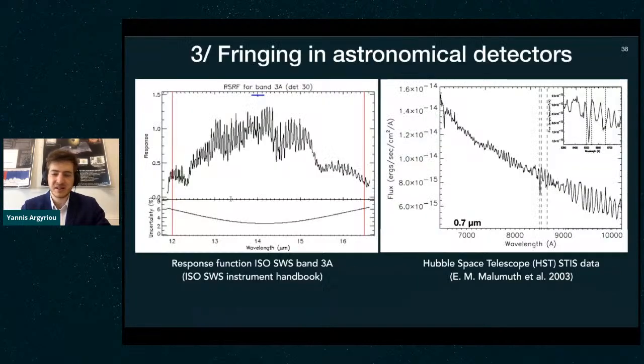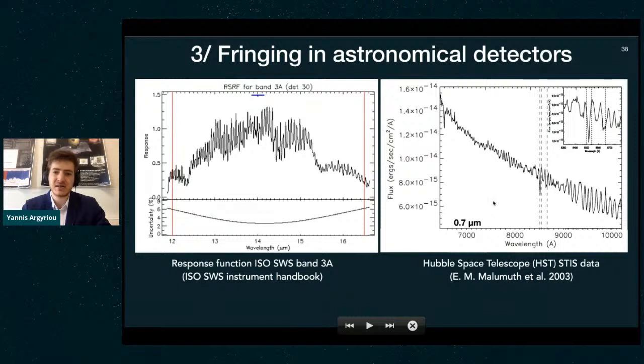Fringes have been quite a pain to deal with for a lot of infrared instruments, and I show here 2 examples. On the left-hand side, I show you the response function of the Infrared Space Observatory short wavelength spectrometer. You can see that depending on which wavelength you look at, the response of the detectors varies very rapidly. This is a manifestation of scattering inside the detector in the spectral direction.